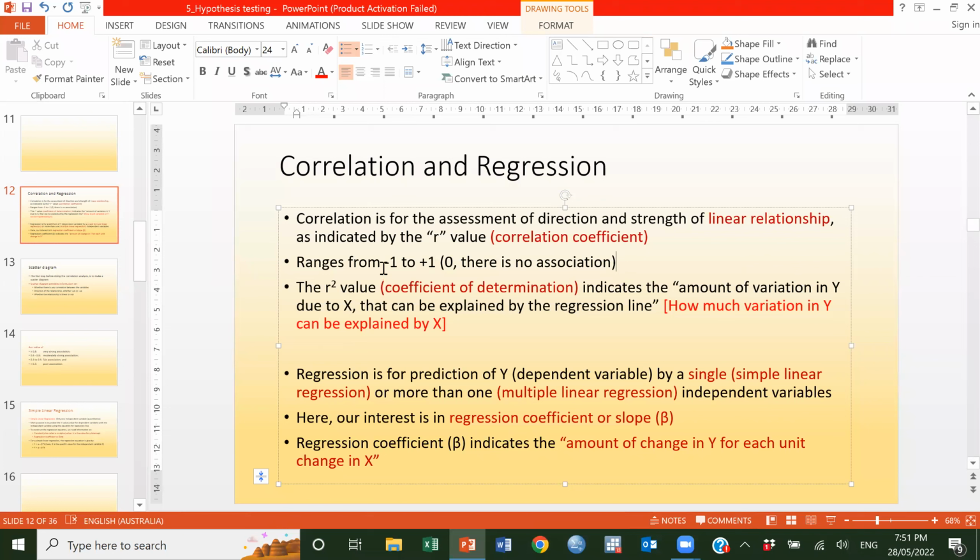The negative sign indicates inverse relationship, while the positive sign indicates positive relationship. Positive relationship means if one variable increases, the other variable will also increase. And negative sign indicates inverse relationship, which means if one variable increases, the other variable will decrease.